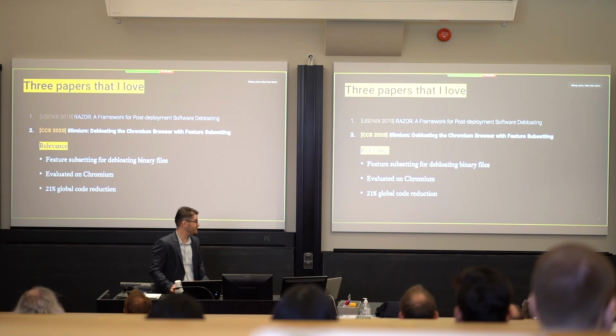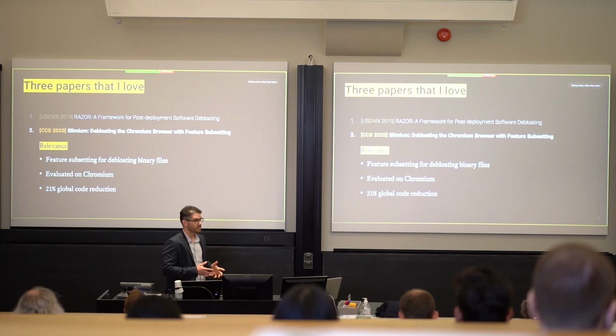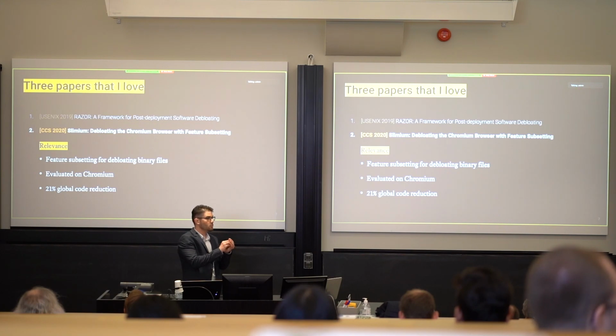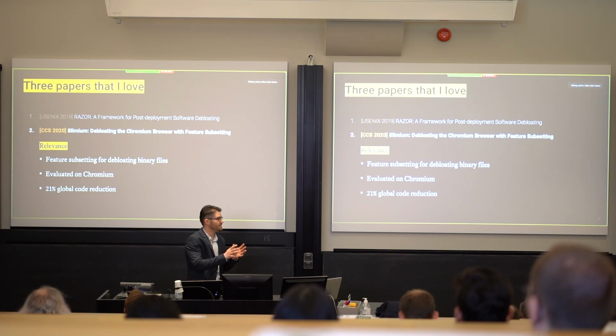And this paper is influential because it performs feature debloating. So it focuses on determining which features in the Chromium browser, which is a really big and complex piece of software, an entire engine.